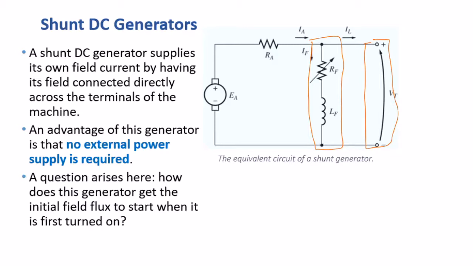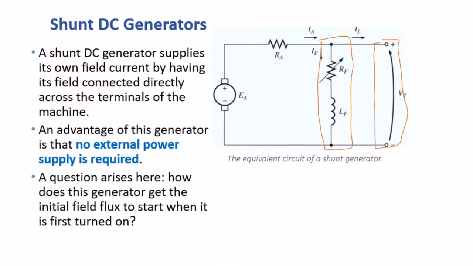As you can see, it doesn't have a separate or an external voltage source to power up the field circuit, which is different from the separately excited DC generator we just discussed before.